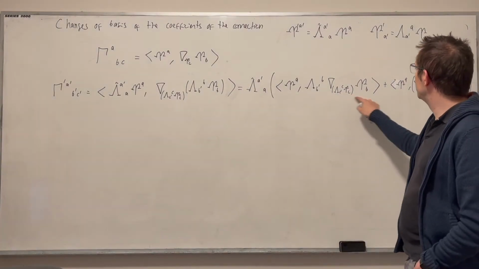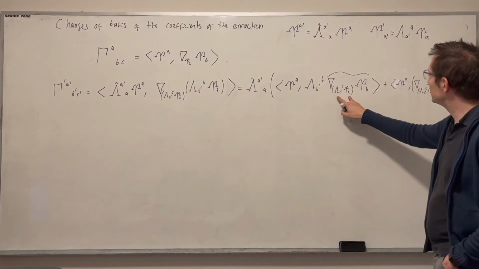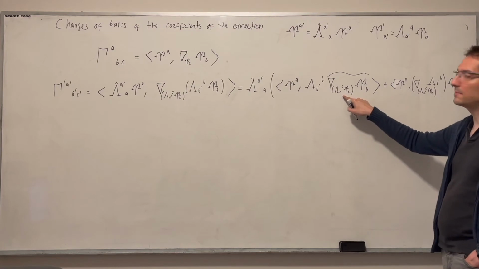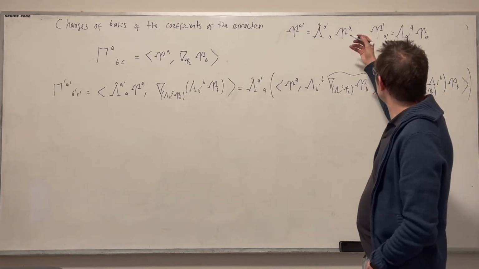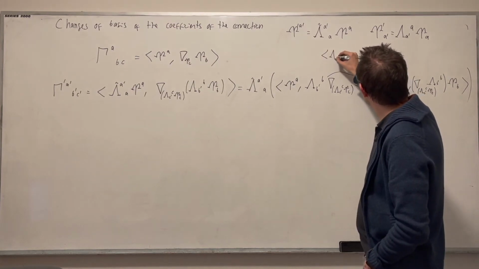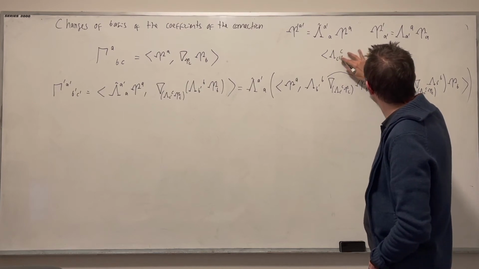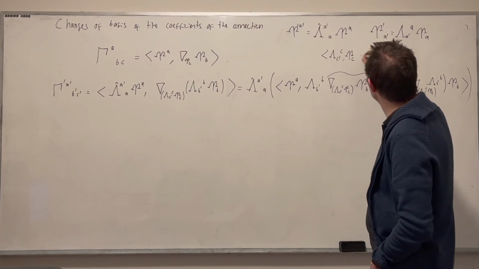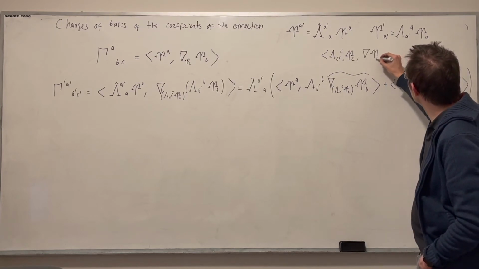Let's work out what this thing is. This thing, right, is the directional derivative in the direction of epsilon prime of epsilon b, right? So what is this? This thing is the contraction of c prime c, epsilon c, right, with the covariant derivative of epsilon b, right?